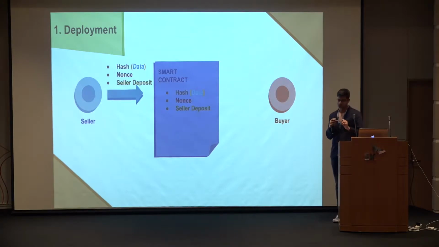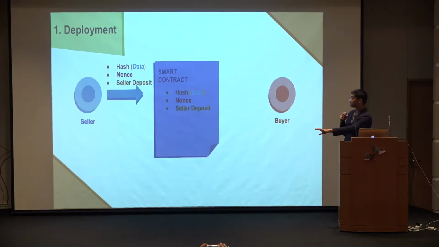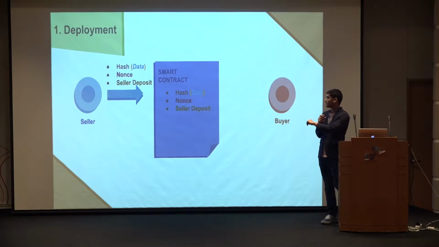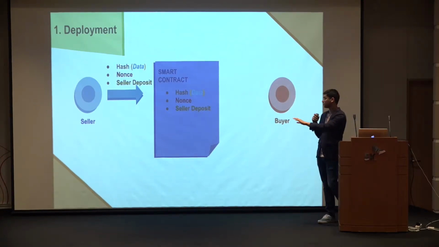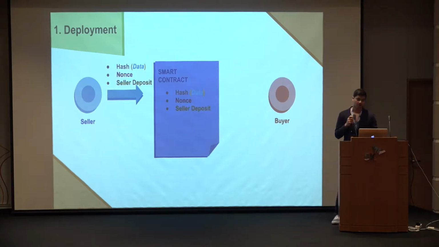So I'll just run through what the protocol looks like. The first step is that a seller puts the hash of the data, a one-time nonce, and stakes some amount, which we call the seller's deposit, into a smart contract. The nonce is required to prevent replay attacks because we later verify some signatures.